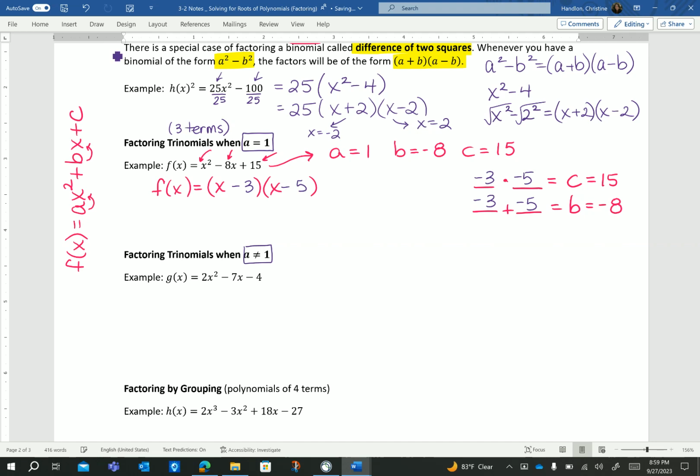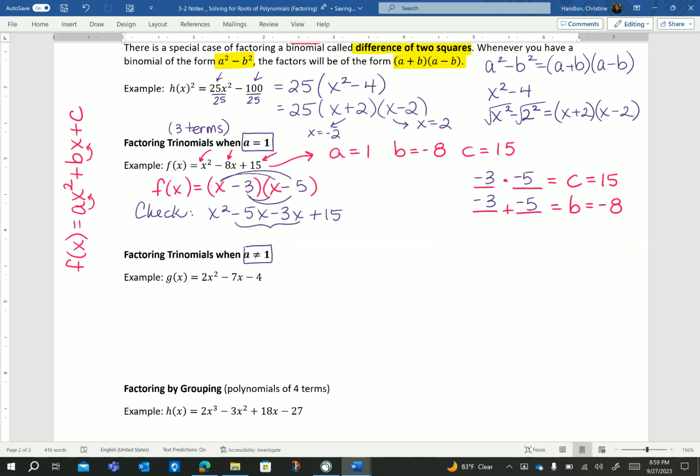And just to prove to you that this works, here's me showing you through doing a check. If I do x times x, that's x squared. X times negative 5 is negative 5x. Negative 3 times x is a negative 3x, and negative 3 times negative 5 is a positive 15.